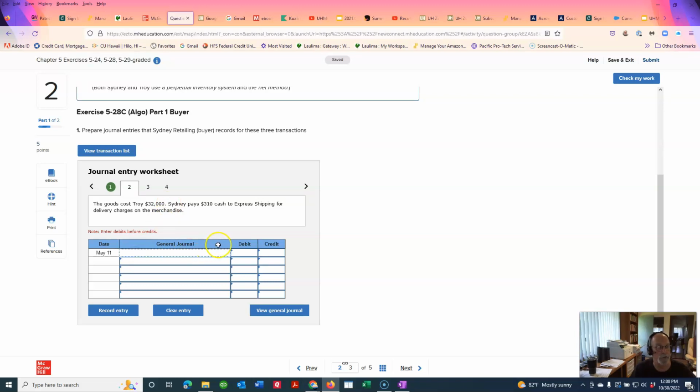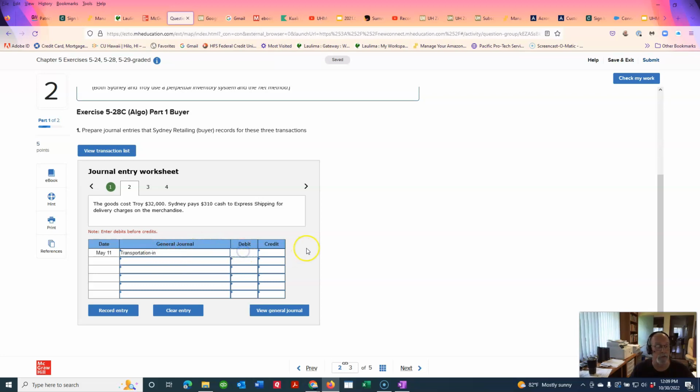And so we need to debit the amount of the shipping. Now, if we were using a strict perpetual method, we would debit merchandise inventory. I'm not sure if this is going to work out, but we'll debit transportation in, which is a merchandise related cost or expense account.